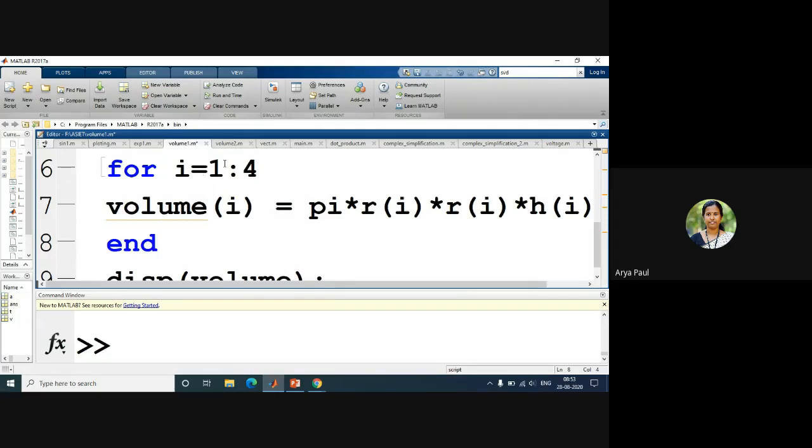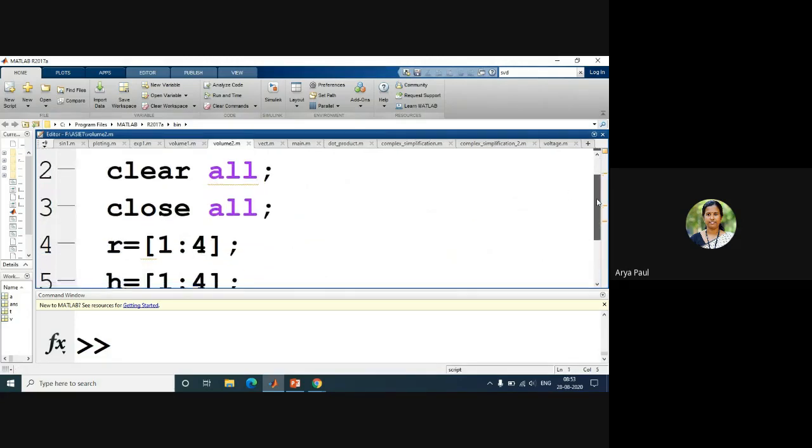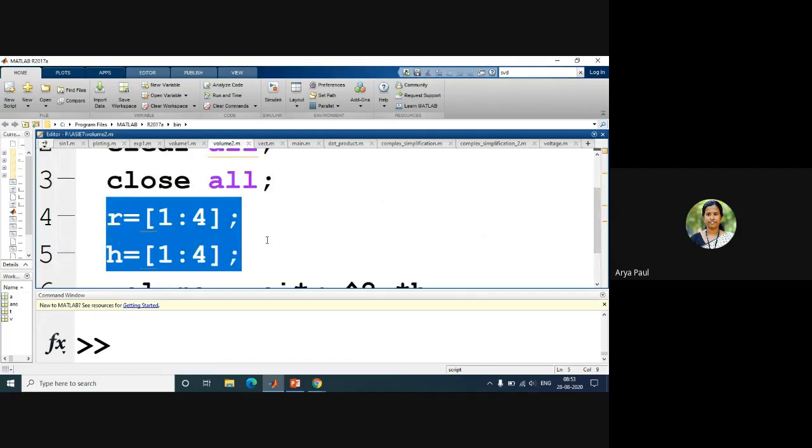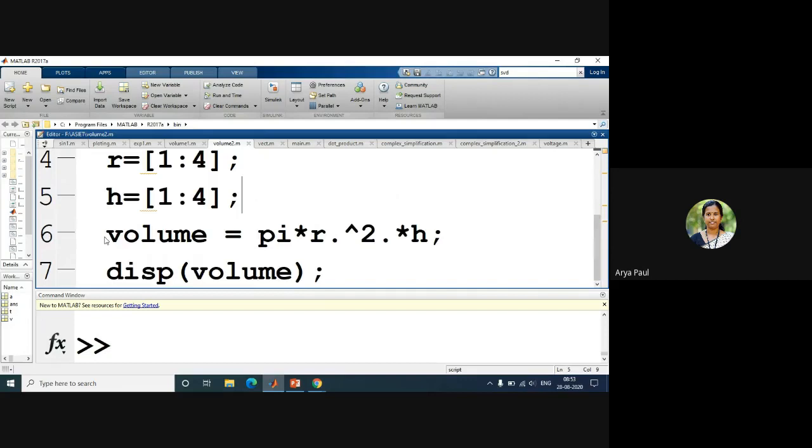So I'm going to replace this particular code. I'm not putting any loops. In this second example, I'm just defining my R and H, radius and height. And what about the rest? Volume is equal to pi into R square into H. How can I modify this particular code?